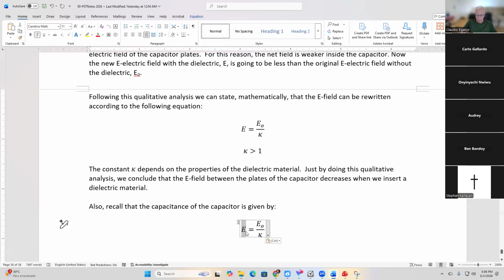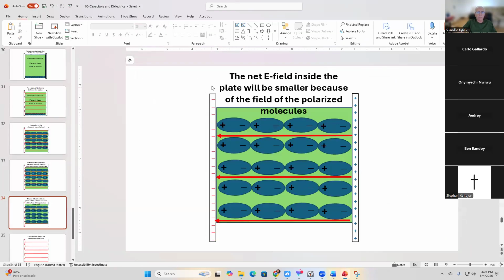I'm going to go back to the notation C, it's going to be Q divided by V. That's Q divided by V. So now, this Q is nothing but the charge in the metal plates of your capacitor. That's what this Q is all about.